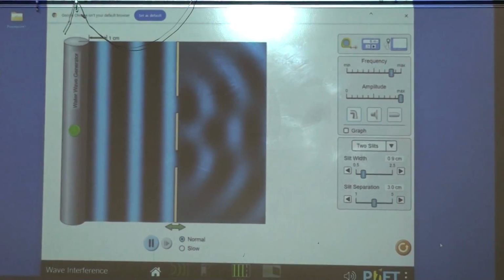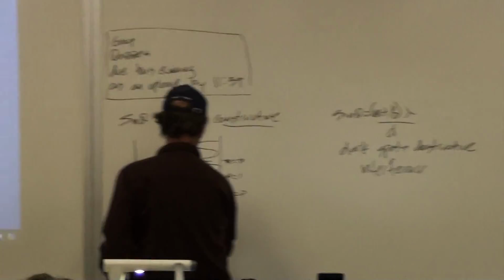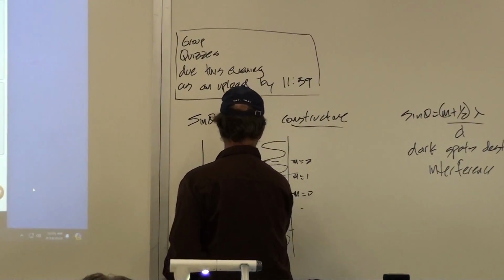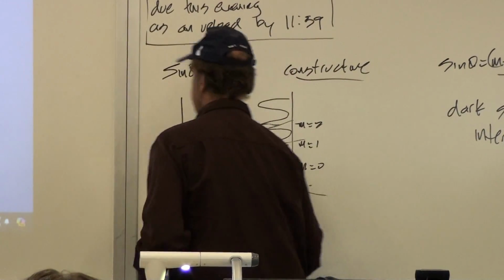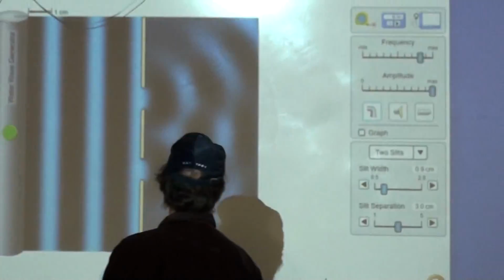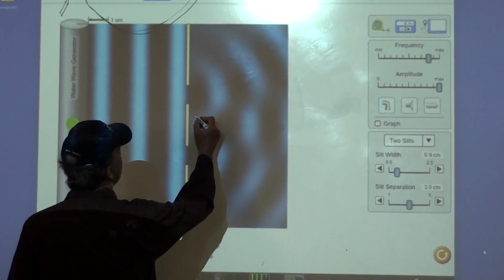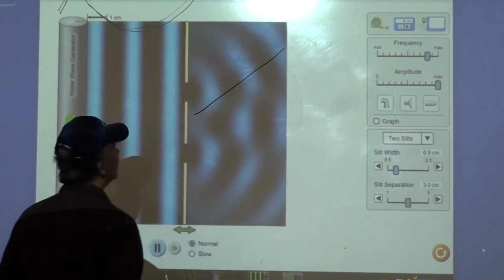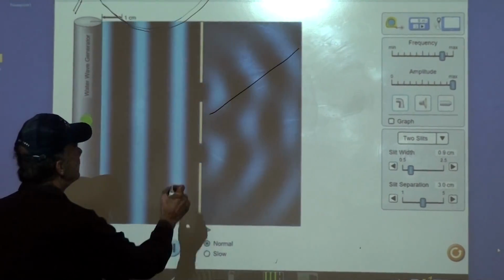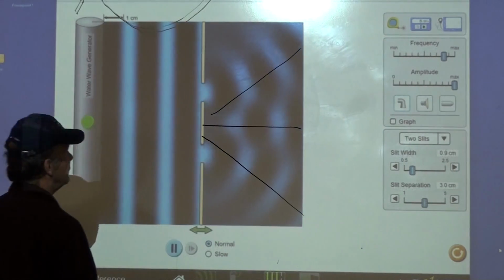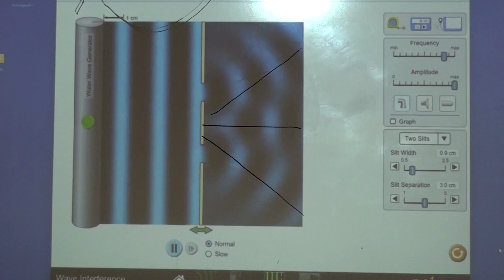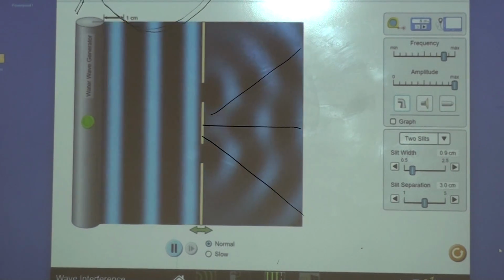So that corresponds to what we were showing here to be our m equals 1, m equals 2, m equals -1, and m equals -2 spots. So along this line here, that would be m equals 1. This would be m equals 0. This would be m equals -1. You can see we're getting constructive interference along those lines.